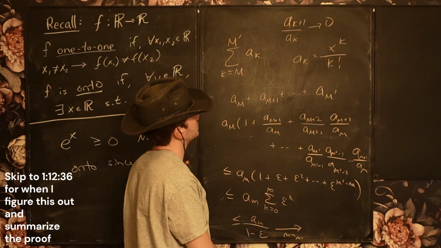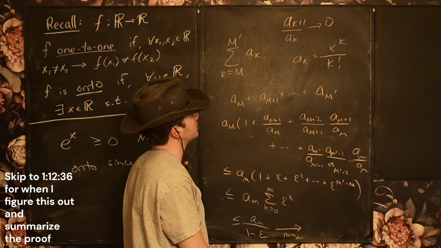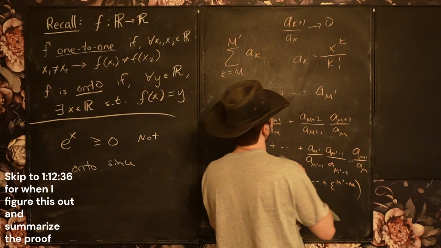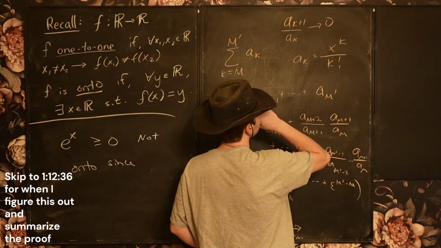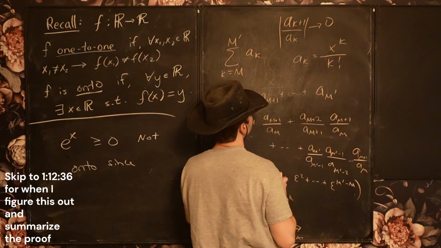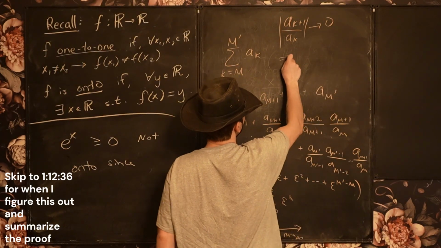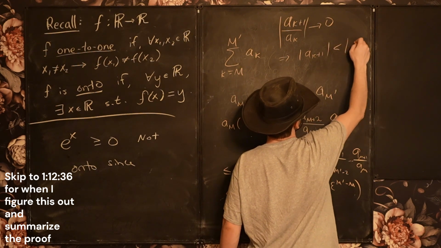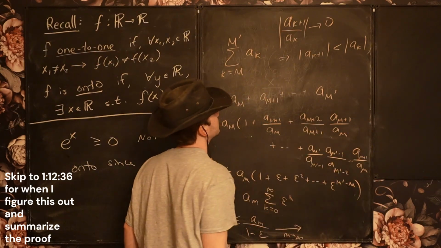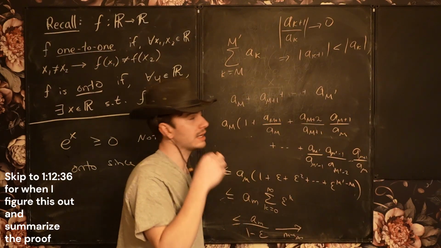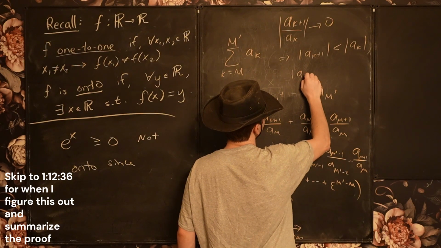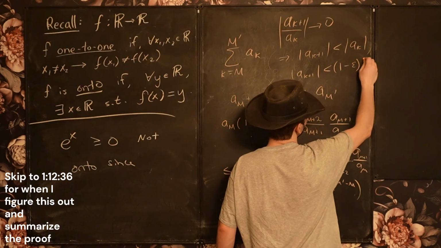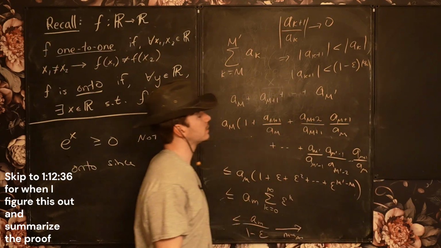Yeah, so for example, this just tells me that |a^(k+1)| is strictly less than |a^k|, and not only is it less than that, it is strictly less than (1 − epsilon) times |a^k|.